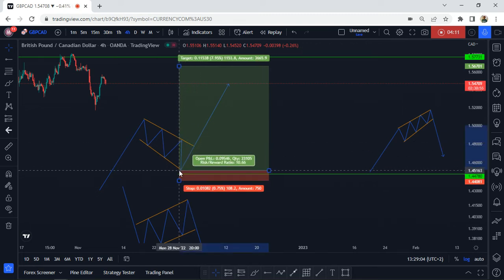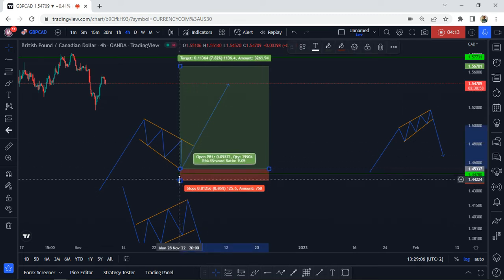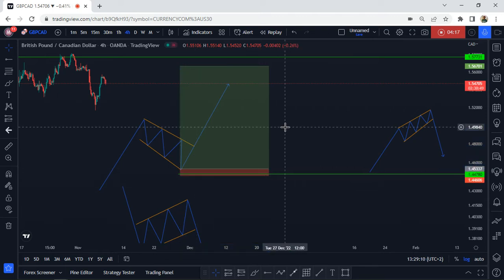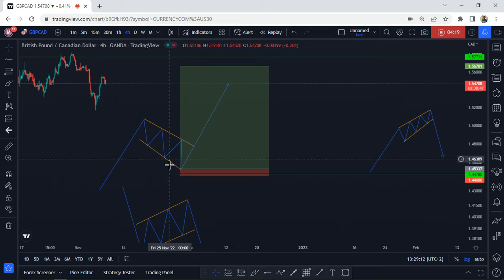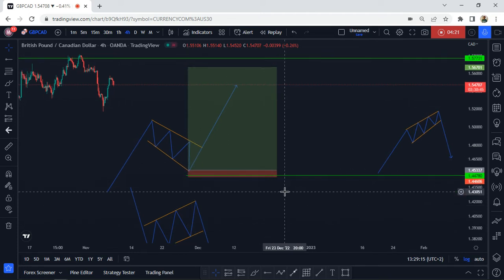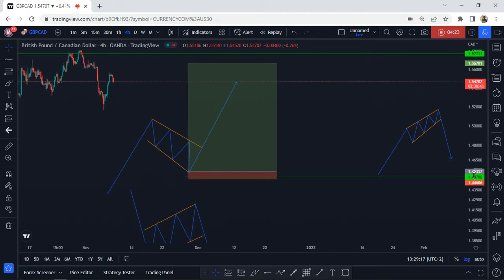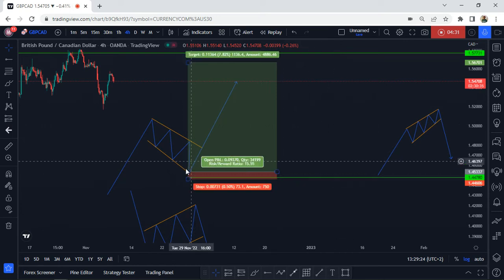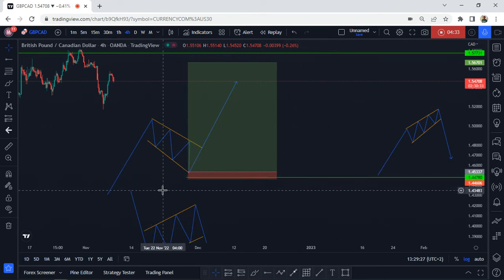Now we have a risk entry. The risk entry is gonna be down here, and the stop loss would be here. This risk entry is not the type of trade we prefer. Why is it not the type of trade we prefer? Because the market didn't commit yet.